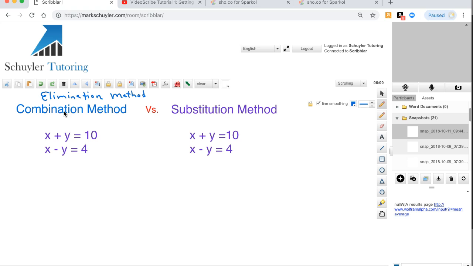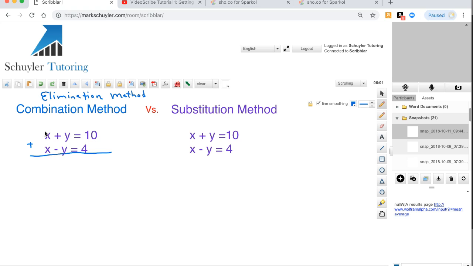So, starting with the combination, what you want to do is draw a line underneath, and you want to either add them or subtract the two equations from each other. I used to have a teacher back in high school who said, stack them and add them. Stack them and add them. So you try to add first, as that's the easier operation than subtracting.